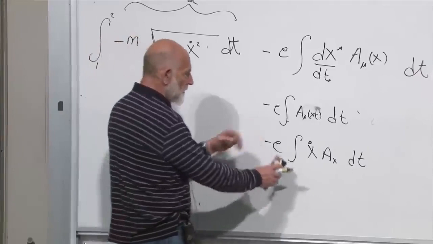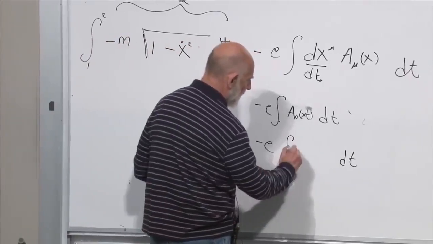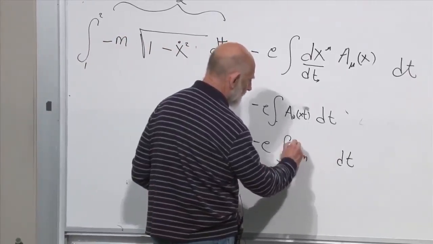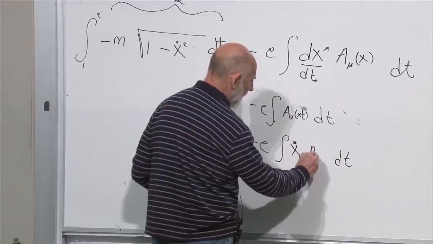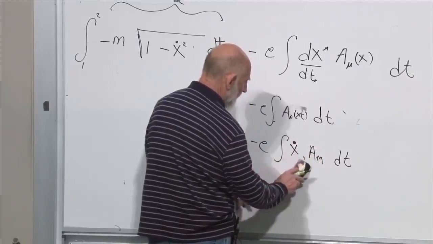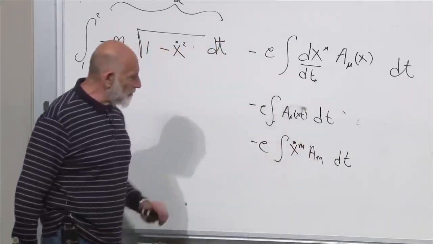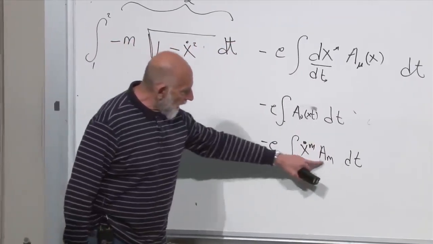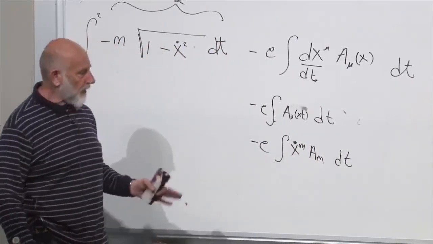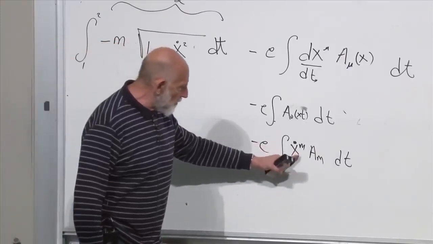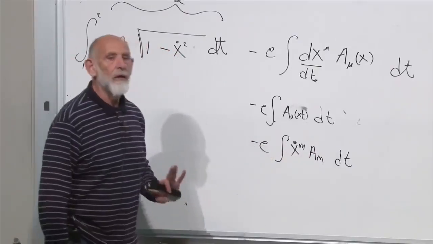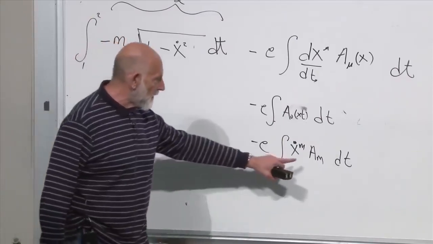And so the rest of this is simply x^m dot A_m, the mth component of velocity dotted with the mth component of the vector potential.